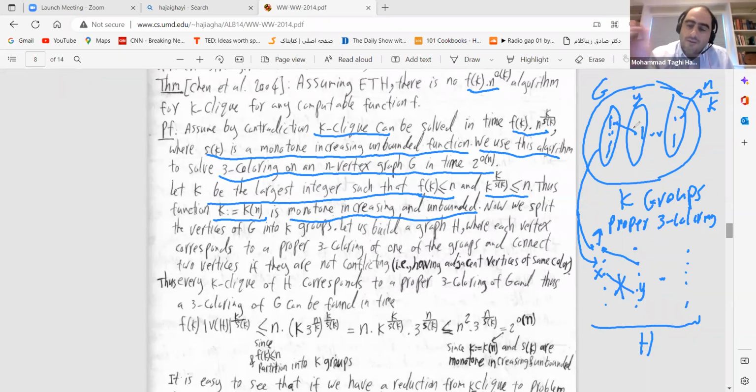Because these two are conflicting: both of these vertices have an edge in the graph and both got 1. So that's the one where we don't put an edge. Otherwise, we will put an edge.